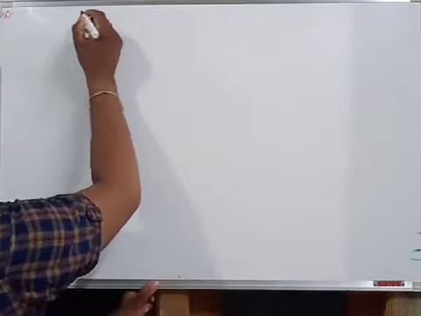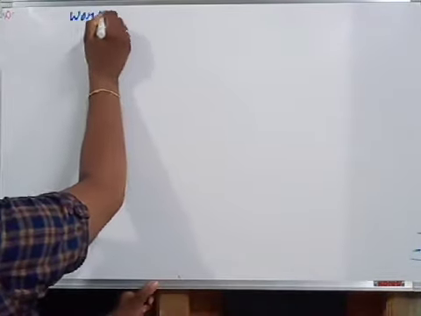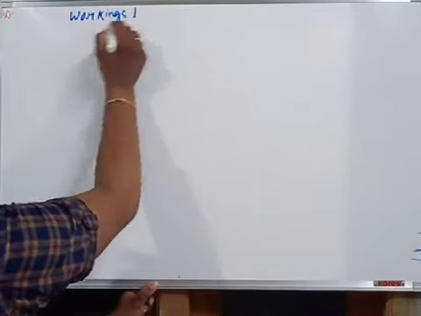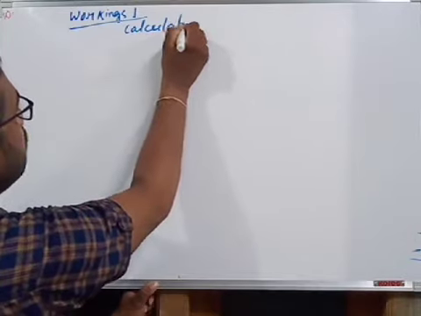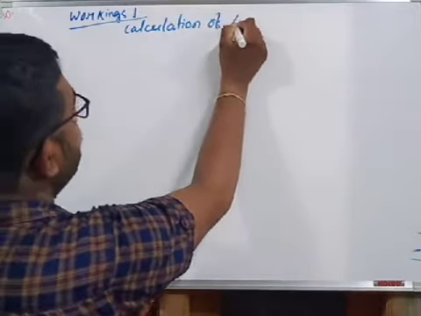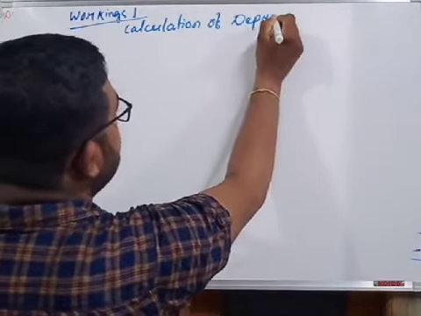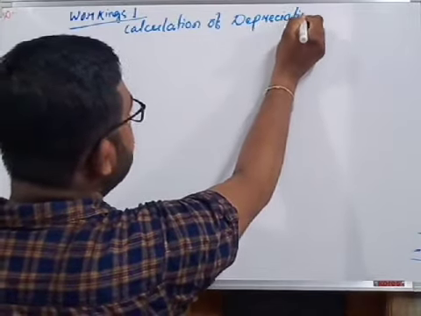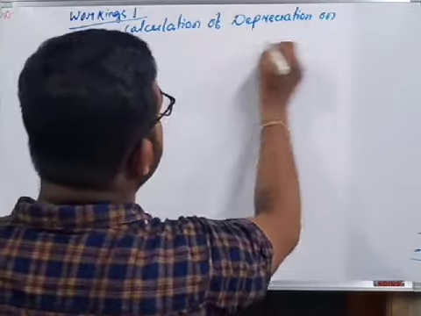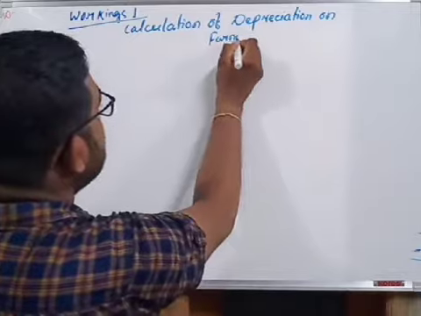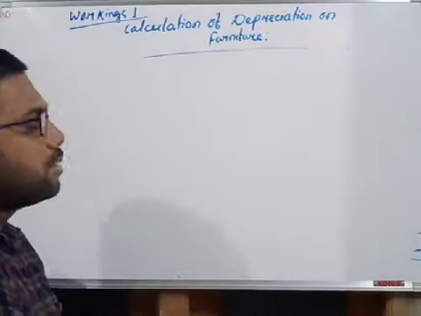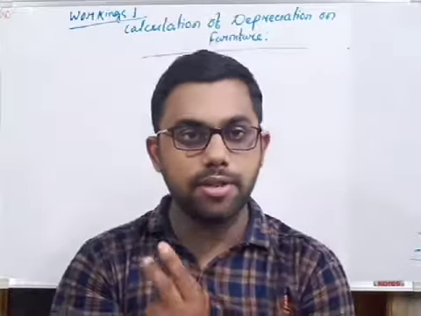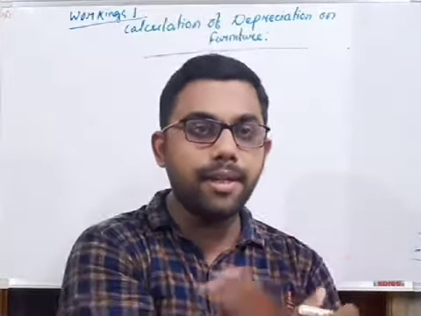So below the question, below our solution, just write workings 1, and the heading is calculation of depreciation on furniture. So there are two values of furniture. One is 6,000, that is on the beginning date of the year.